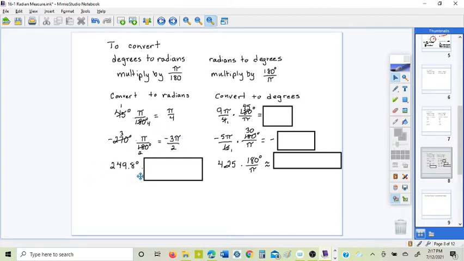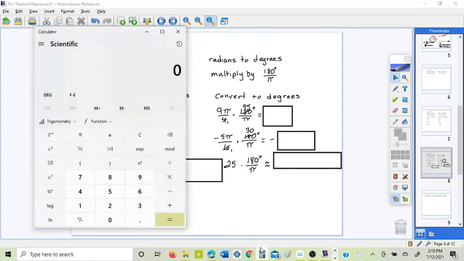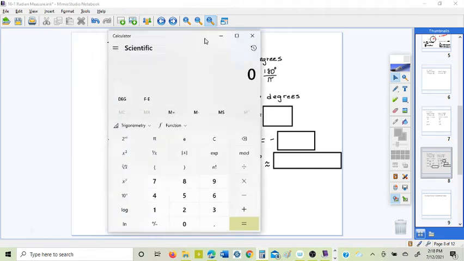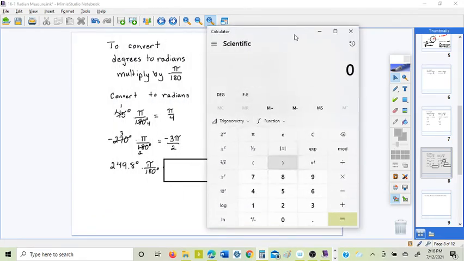Now, when you have a decimal that you're changing over, just simply do that as a calculator problem. There's nothing that's really going to cancel out there. So you can use whatever calculator that you have as long as it's got pi on it. And you could just put that right in and then just multiply times pi and then divide by 180.